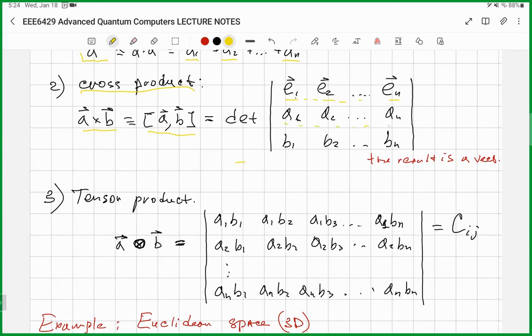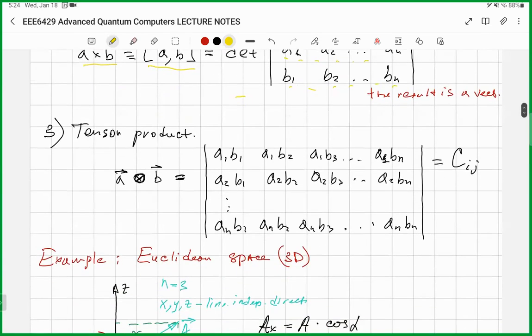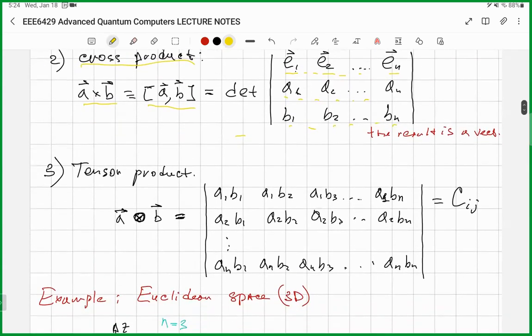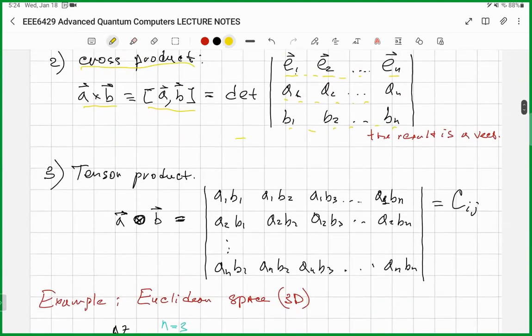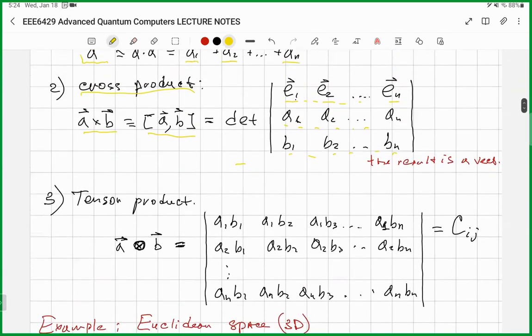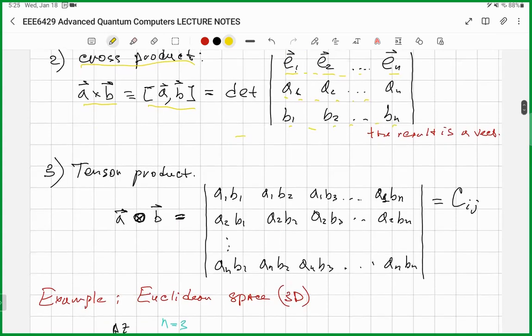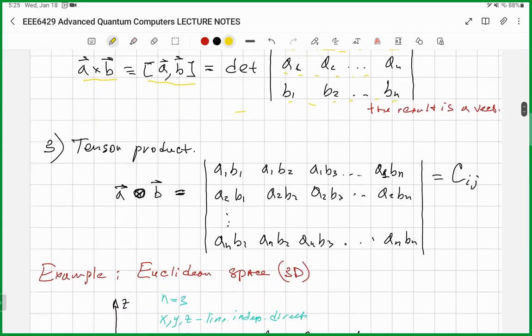The second row is the components of the first vector, and the third is the set of components of the second vector. You probably know how to calculate the determinant. If not, we already discussed that last time, and I will briefly remind you today.